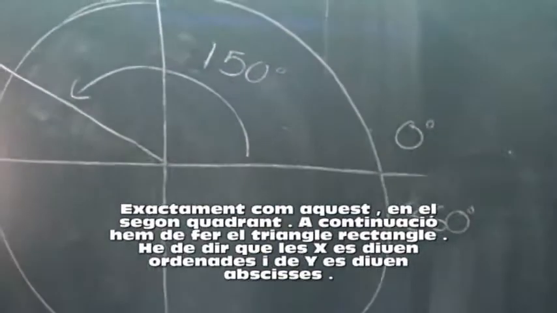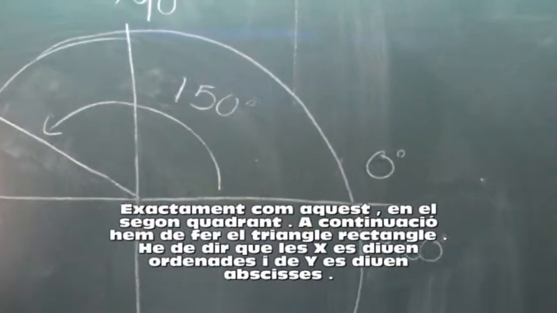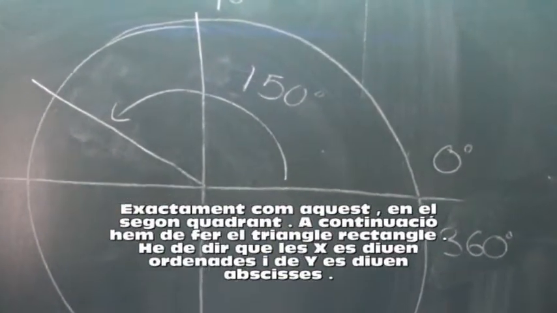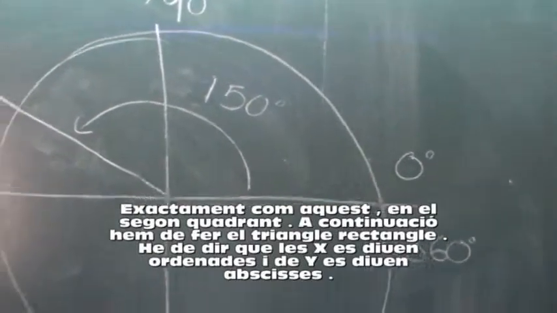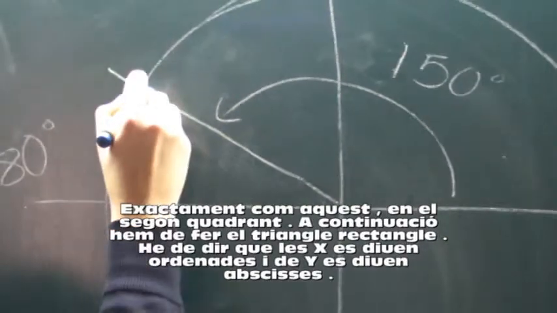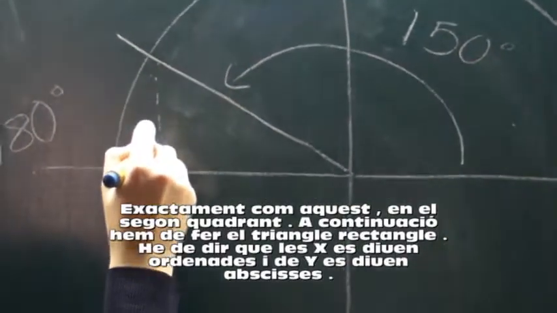Exactly like this, in the second quadrant. Next, we have to make the right triangle. I have to say that the x is called abscissa and the y is called ordinate.